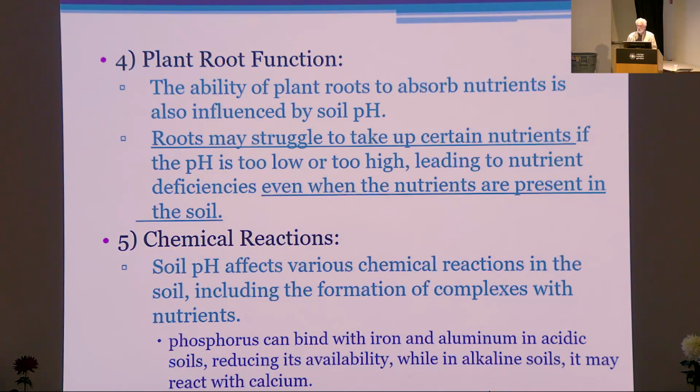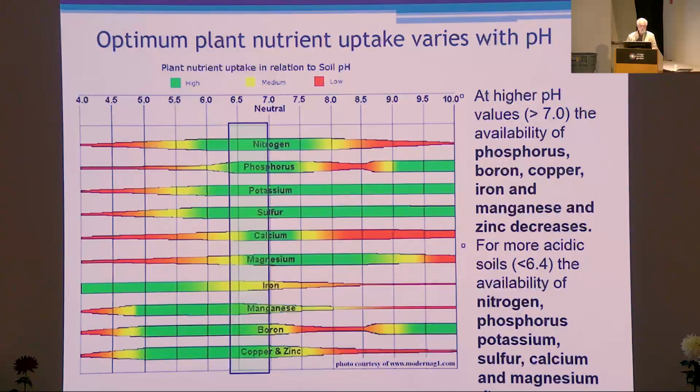And it can affect chemical reactions. In an extremely acidic soil, beneficial nutrients like phosphorus can be combined with other minerals and make them unavailable to the plant. So pH is something that you need to pay attention to, and it's a critical component, but I want to stress it's not something to get overly excited about if you see some numbers, and I'll show you why in a minute.